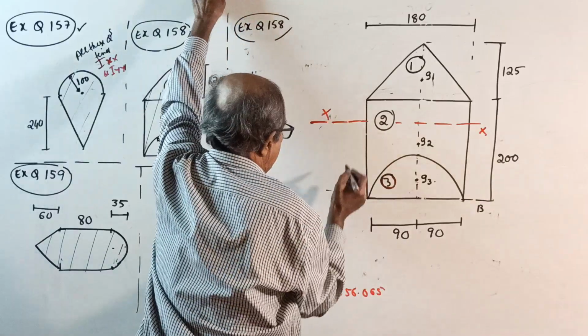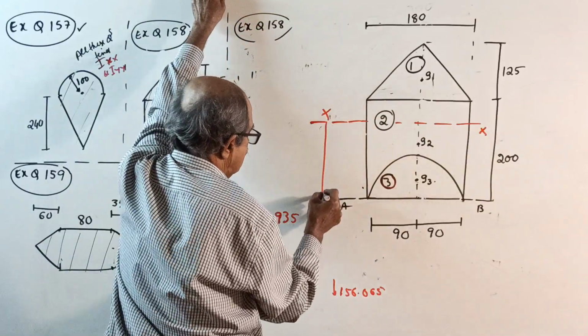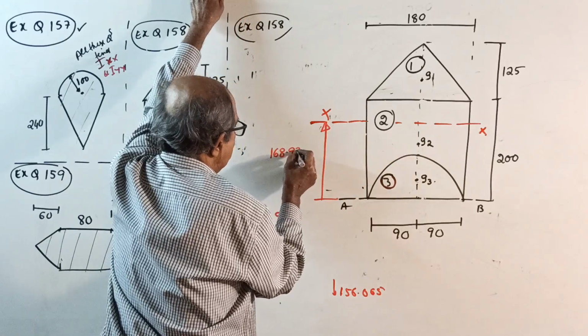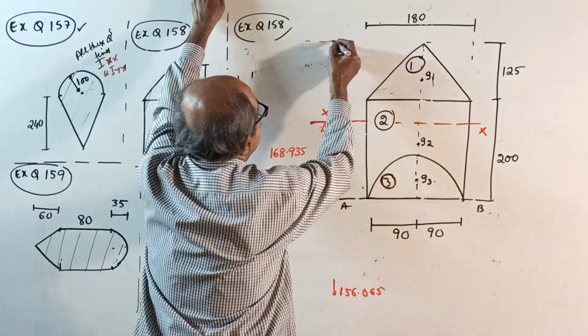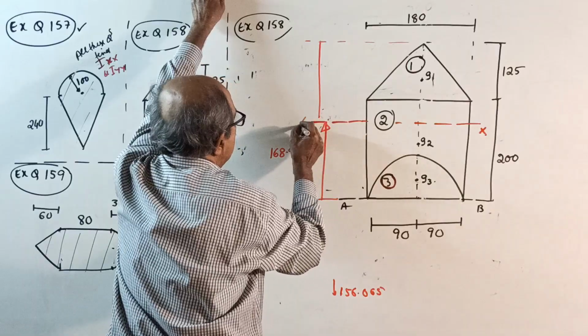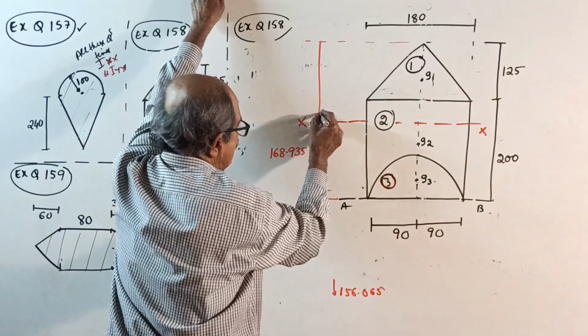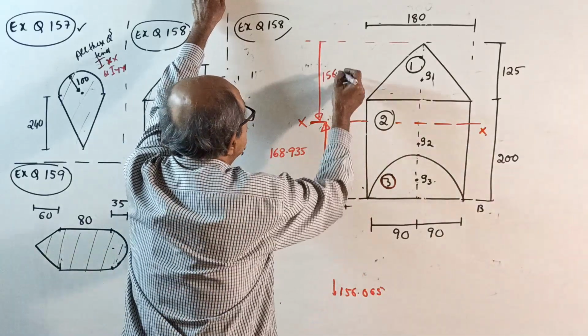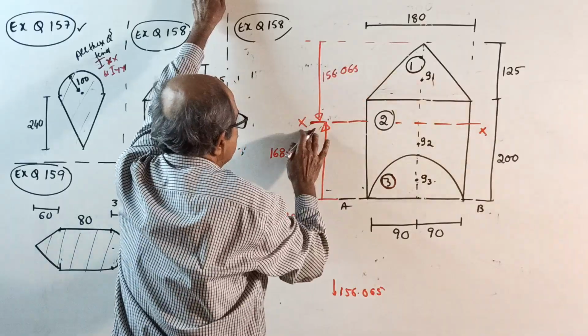XX, okay. From here, 168.935 from the topmost edge to here is 156.065. This is XX located.